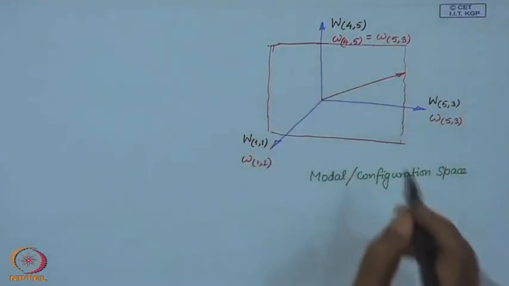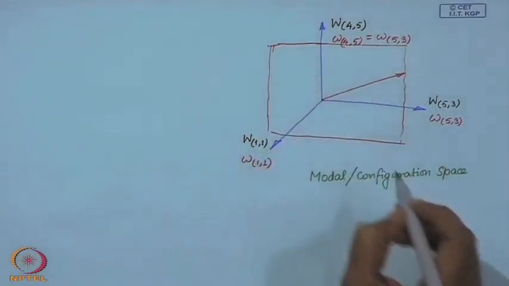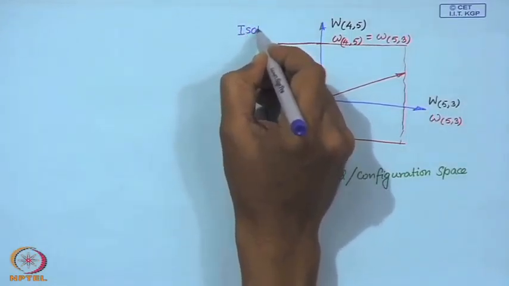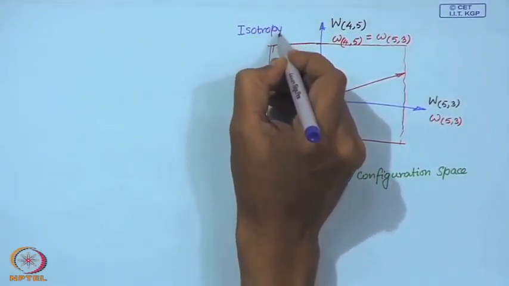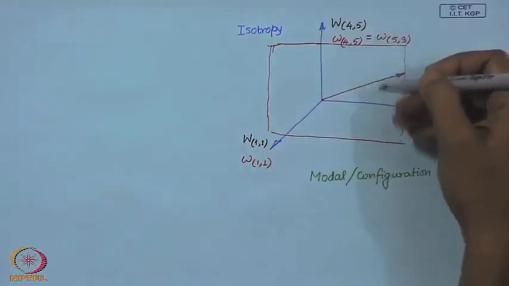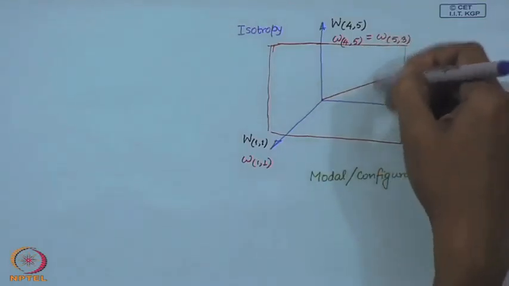So, we have some kind of an isotropy in this modal space. So, this plane is isotropic, any function on this is an eigenfunction.